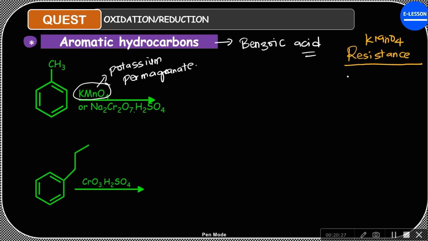These functional groups are the sulfonate functional group, which is this, not easily oxidized by KMnO4. Another one is the carboxylic acid functional group, not easily oxidized by KMnO4. The next one we are going to look at is NO2, the nitro functional group, not easily oxidized by KMnO4. Is that okay?